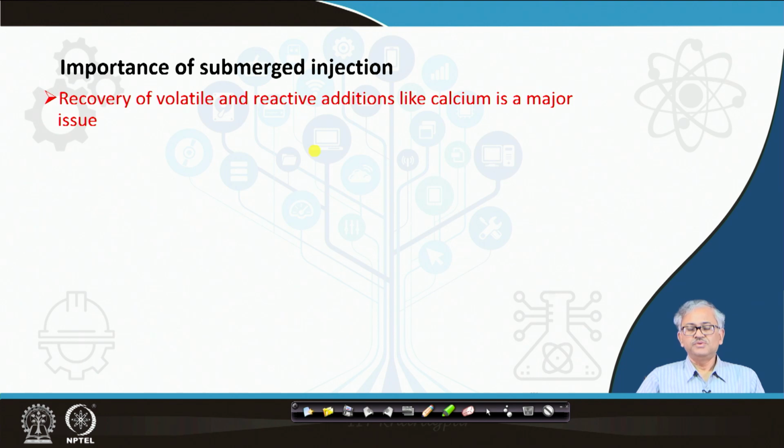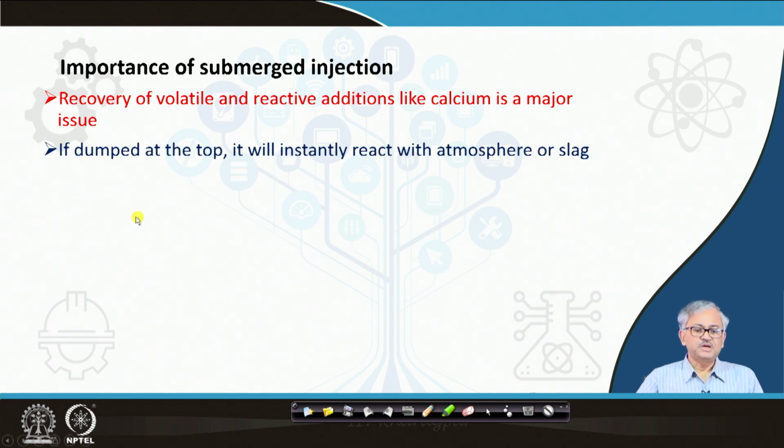If we dump it at the top, just like we sometimes do alloying additions from the top, the major problem is that it will instantaneously react with the atmosphere and the slag. It is very reactive.